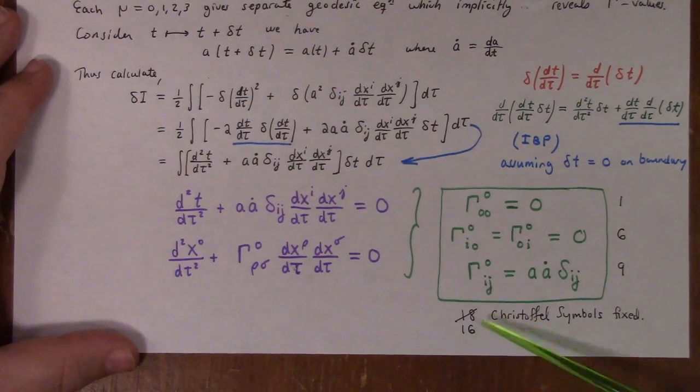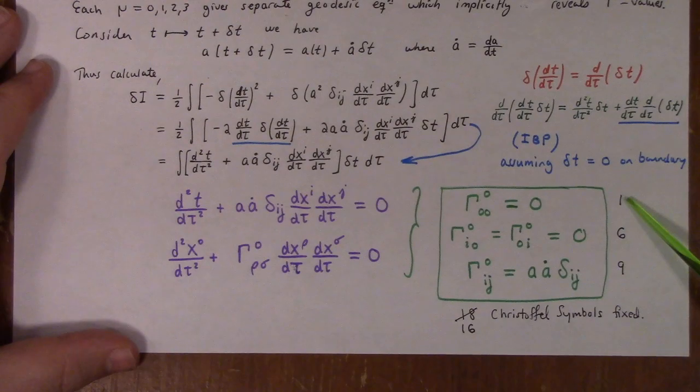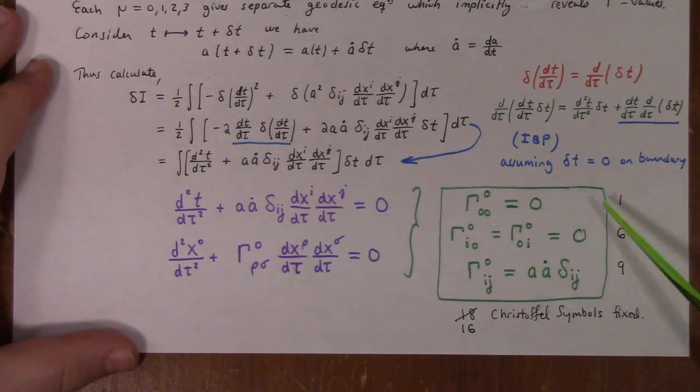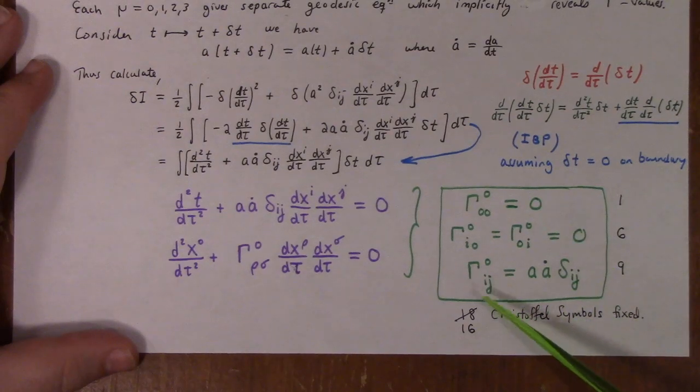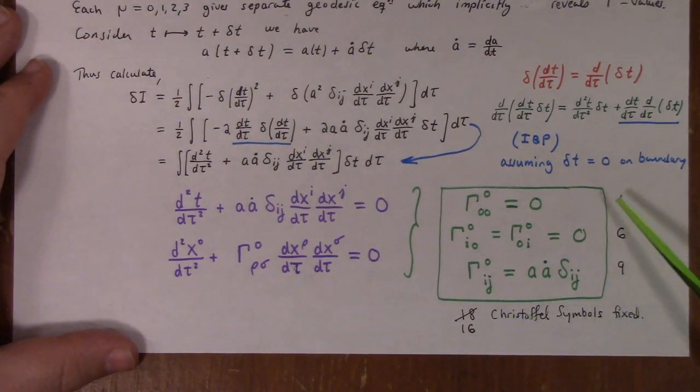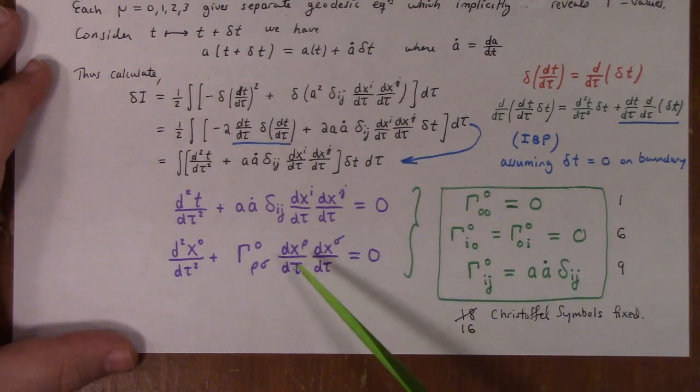I can miscount it the first time, so I put these numbers over here to keep myself honest. I've got one thing here, this is free, 1, 2, 3, 1, 2, 3. So I've got 6 terms here, and i and j range from 1 to 3, so ignoring symmetries or anything, I have 9 Christoffel symbols. So I have fixed 16 Christoffel symbols with this single variation.